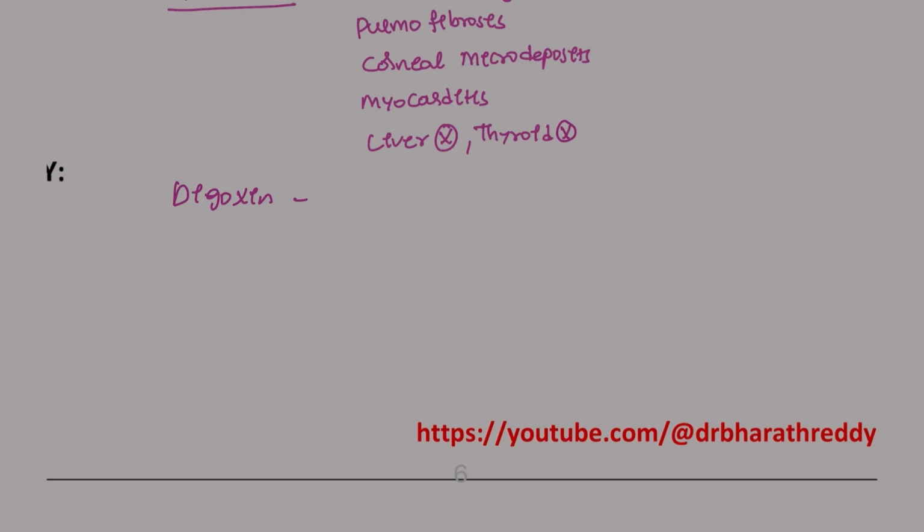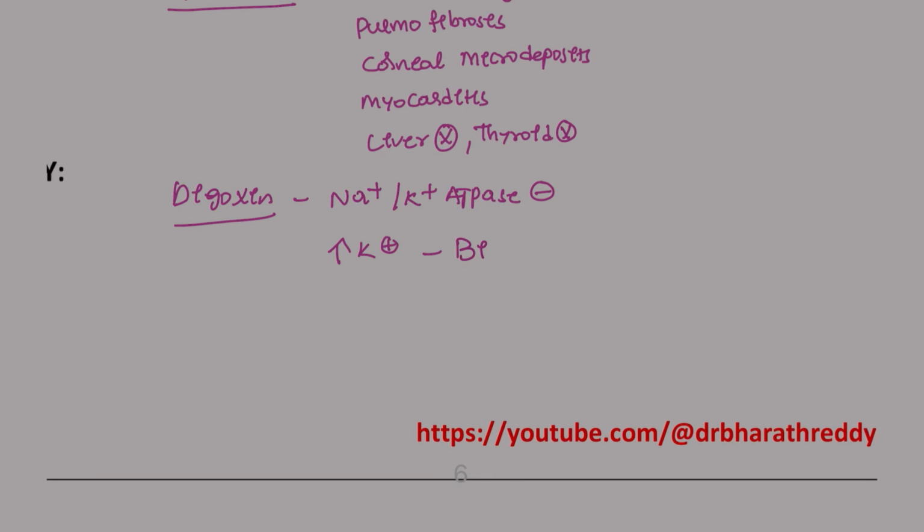Next, digoxin. Digoxin has side effects such as being arrhythmogenic. It is going to block the sodium potassium ATPase. So these patients will have increased potassium, and it will be triggering arrhythmias.